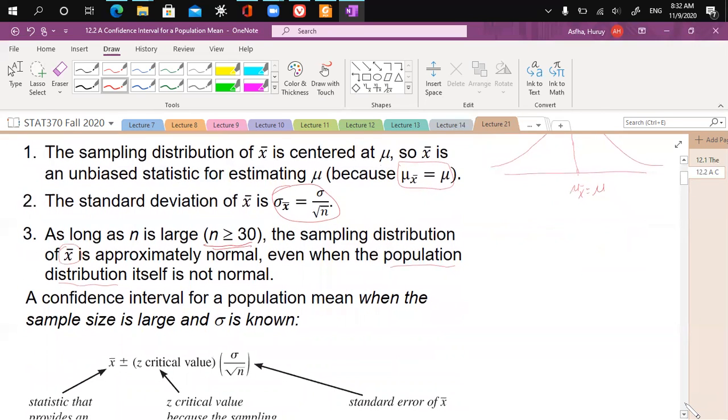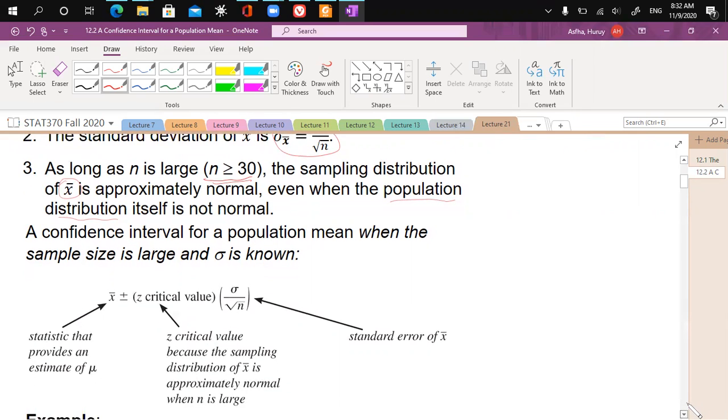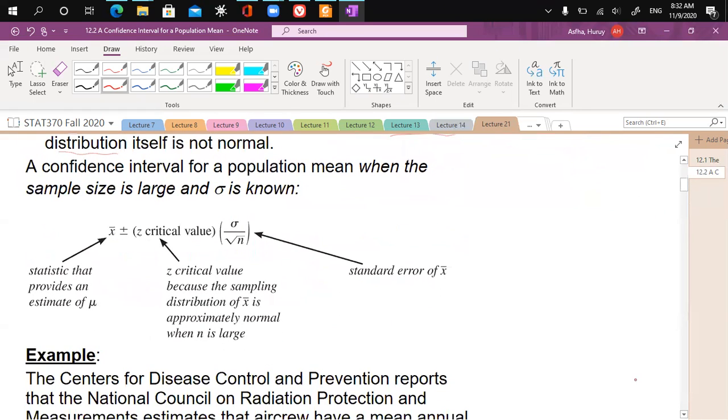Okay, now based on this, the confidence interval for a population mean when the sample size is large and sigma is known will be given by X bar plus or minus Z critical value, the same critical value that we have been using for population proportion, times the standard deviation of X bar. This is the standard deviation of X bar, which is given by sigma over root n.